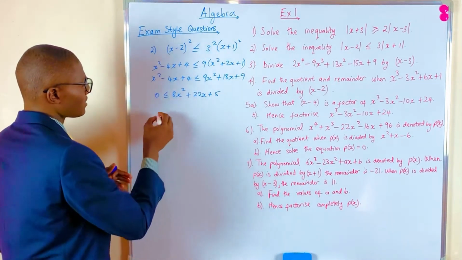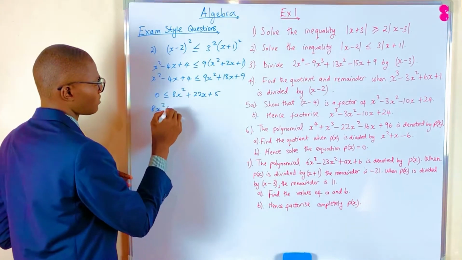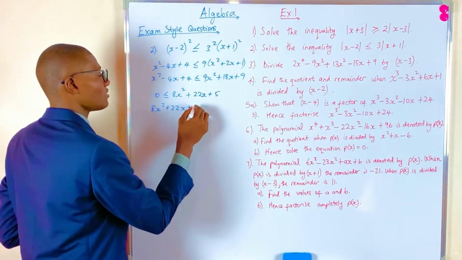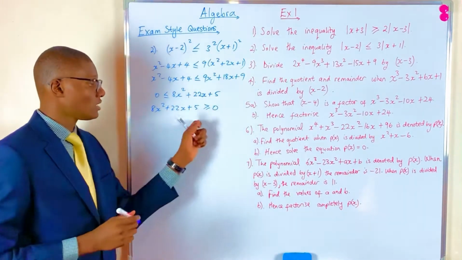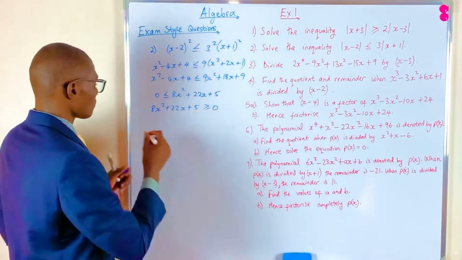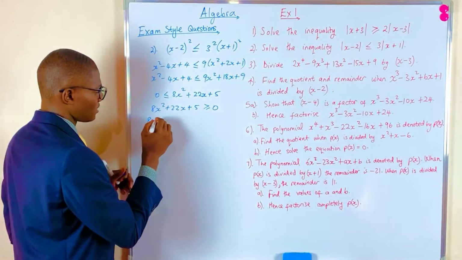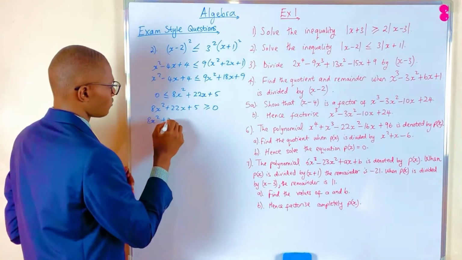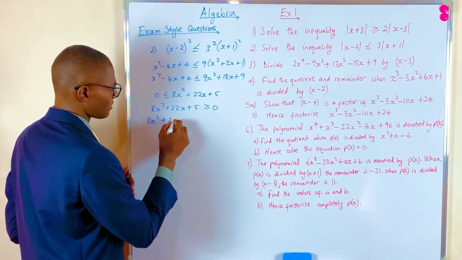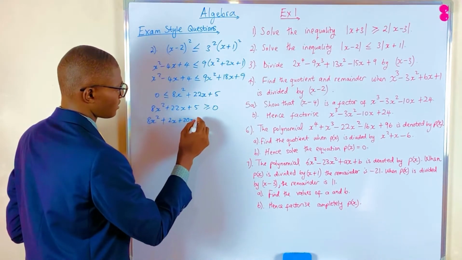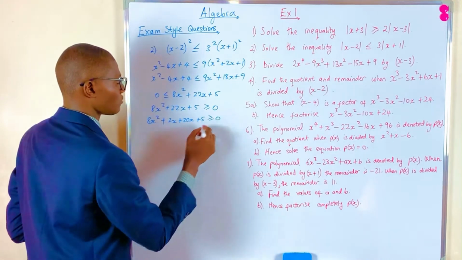So if we rewrite this, we're saying 8x squared plus 22x plus 5 is greater or equal to 0. And 2x plus 20x, so we're saying 8x squared plus 2x plus 20x plus 5 greater or equal to 0.